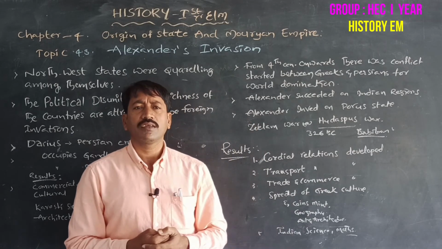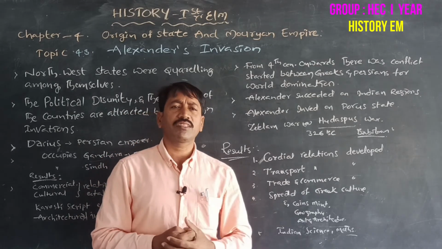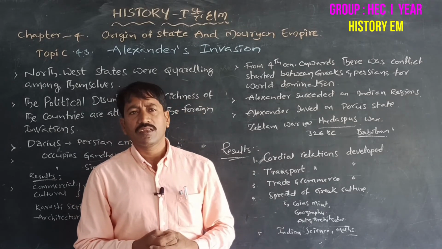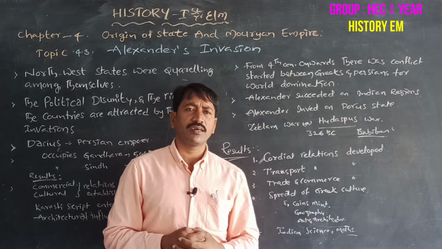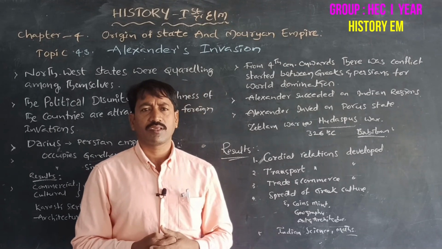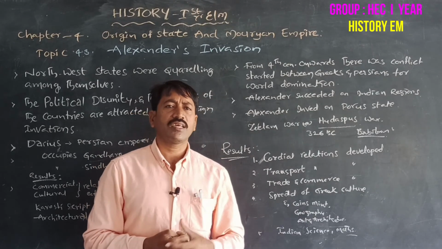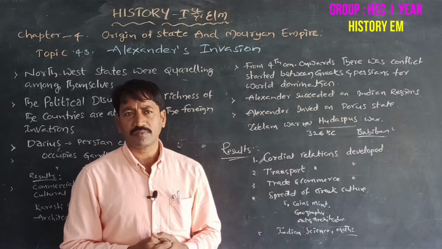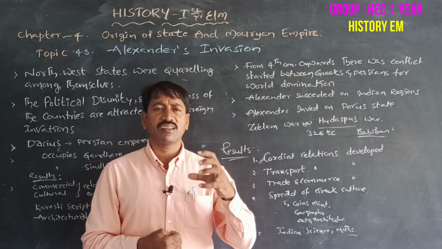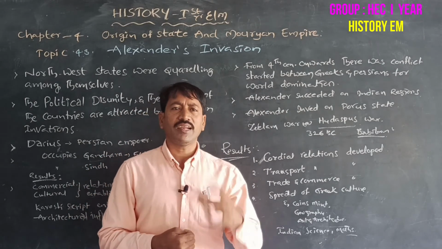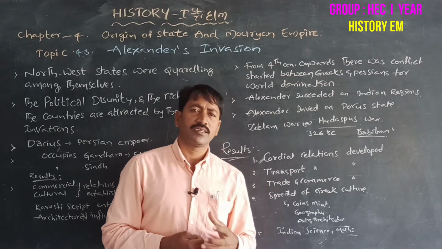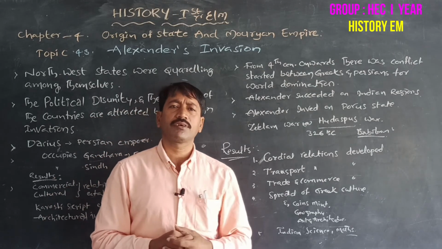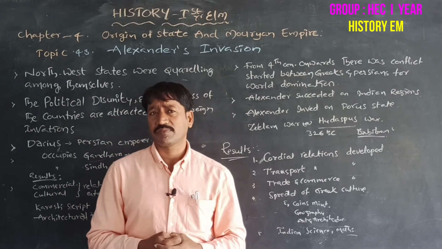On the way, he fought with the Mulaka sect. In that war, Alexander was wounded by the Mulaka sect. After that, in the year 321 BC, he died at Babylonia. So Alexander's life ended in the Babylonia region. So this is a small biography of Alexander's invasion.